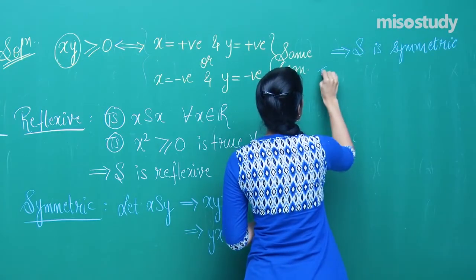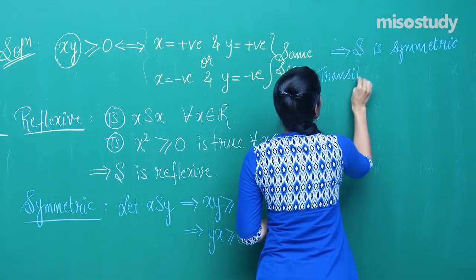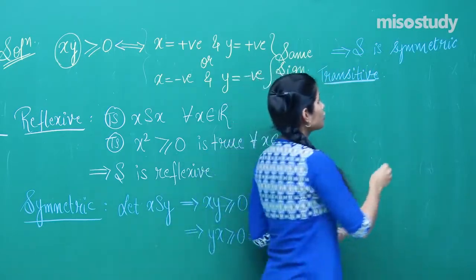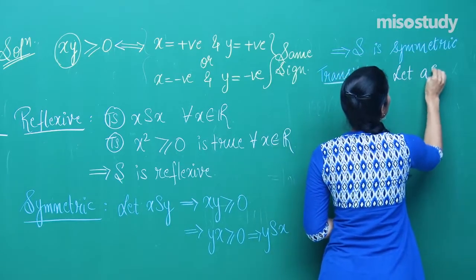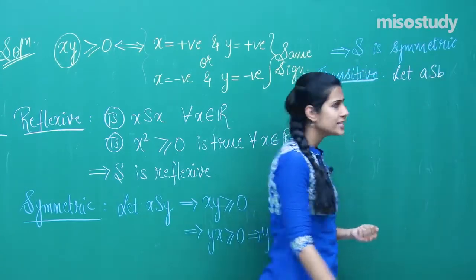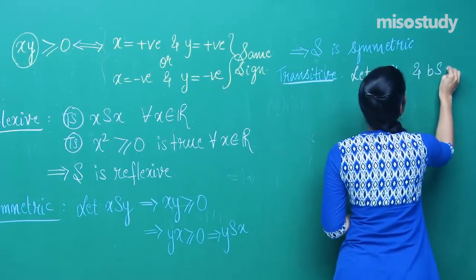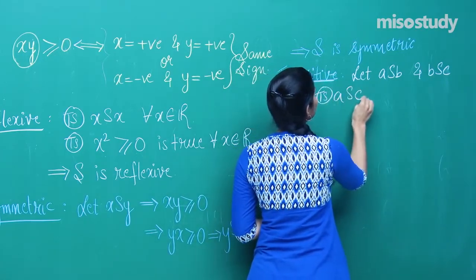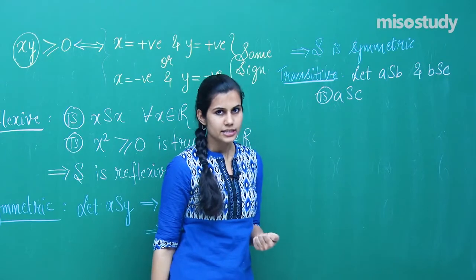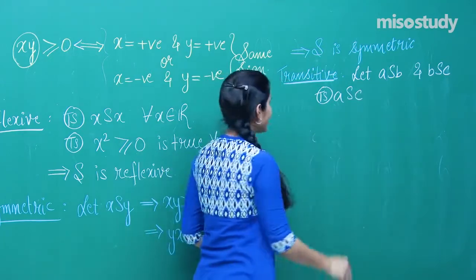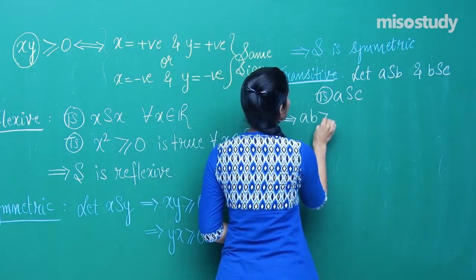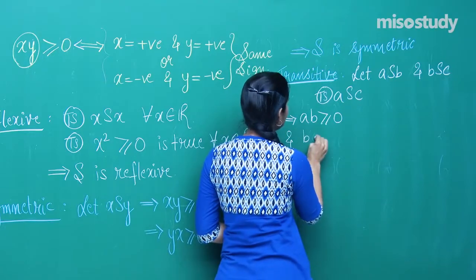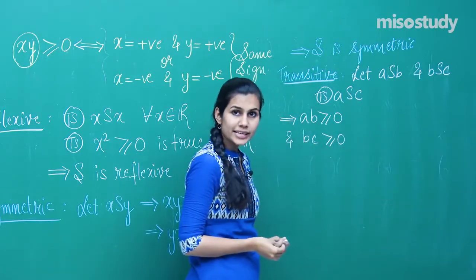The last thing left is transitivity. What do we mean by transitive? So let A be related to B under the relation S and B is related to C under the relation S. I have to show A is related to C under the relation S. If A is related to B by S, this implies A into B is non-negative, and B is related to C, that means B into C is non-negative, right?